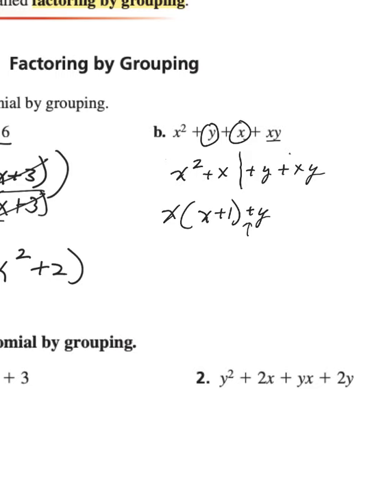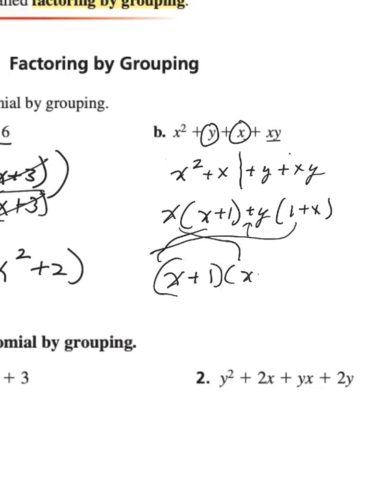But if I divide everything by y here, I get 1 plus x. Well, 1 plus x and x plus 1 really are the same number. So I'm just going to go ahead and rewrite this as x plus 1. And what's remaining is the x plus the y.